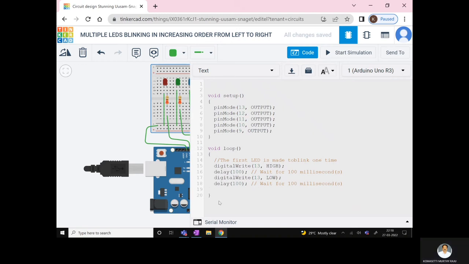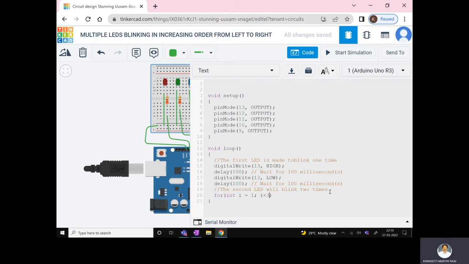Next, the second LED will blink 2 times. Here, i is equal to 1, i less than 3.